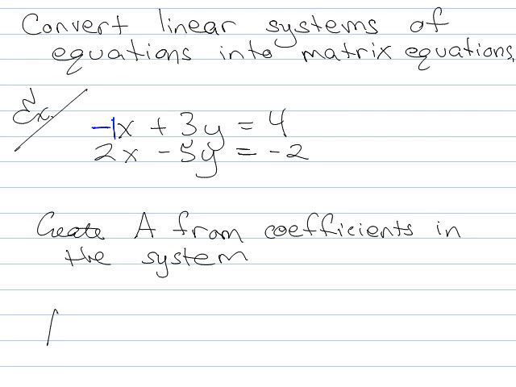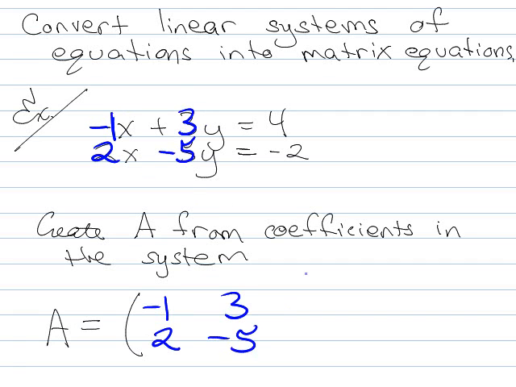Okay, so make sure you got that. But other than that, I'm going to create a matrix called A, and I'm going to pull the coefficients off in the order that they appear in the problem. Like that.